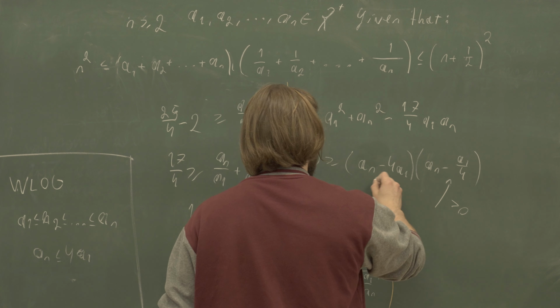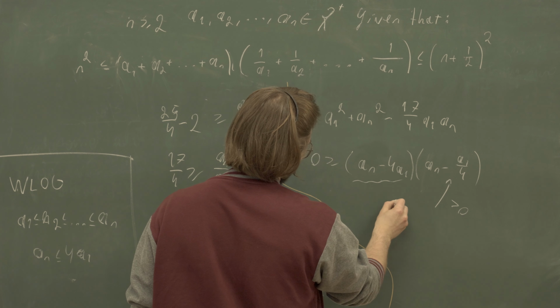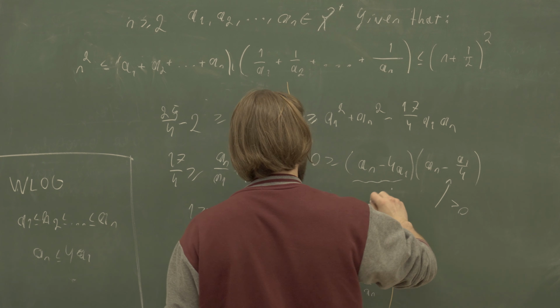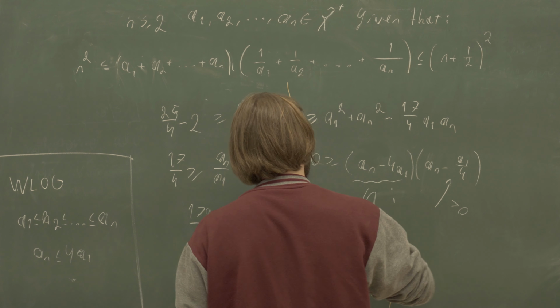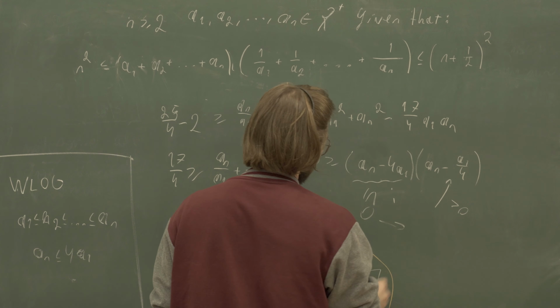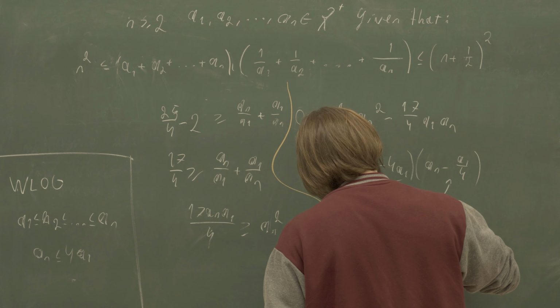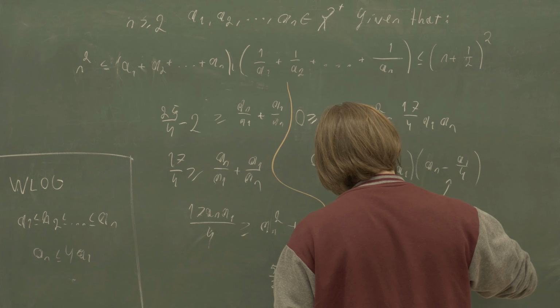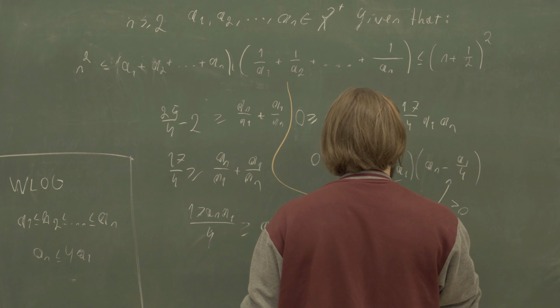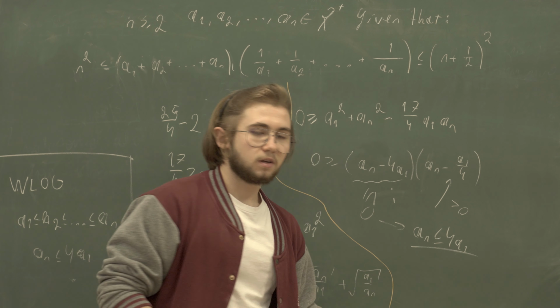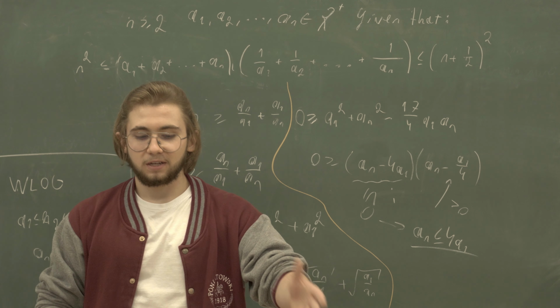So this thing has to be less than or equal to 0, which basically means that an is less than or equal to 4 times a1, which is what we're supposed to prove.